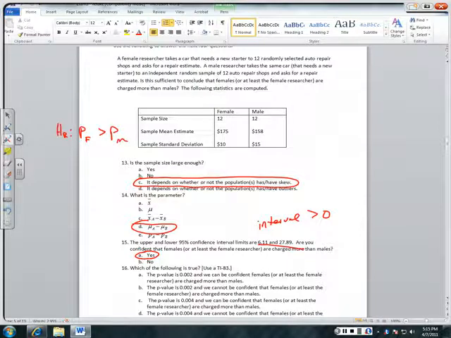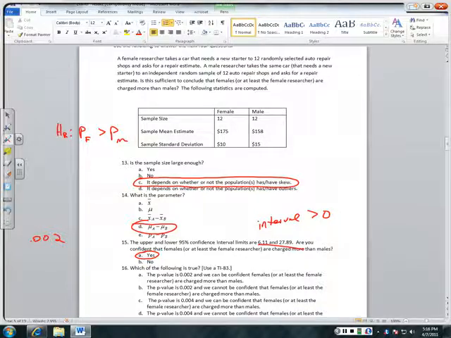Put the numbers in, make sure you select greater than, leave it as not pooled, calculate, and I got a p-value of 0.002. So we're down to A or B. Now if you'd put not equal to in there, you're going to get 0.004. So that was the distractor there.